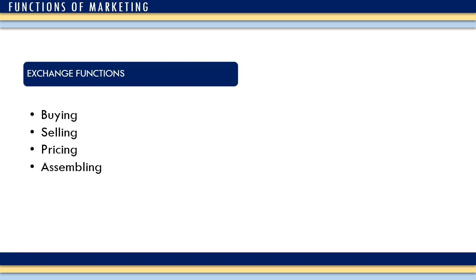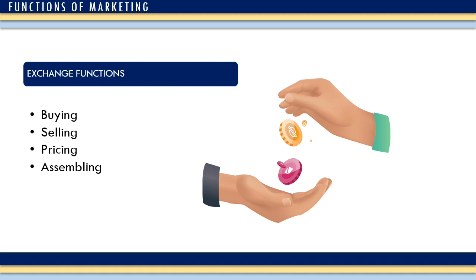Exchange is a very simple term and it implies all the processes involved in the transfer of title of goods from seller to the buyer. So all these steps involved in transferring the ownership of products from seller to buyer form your exchange function.